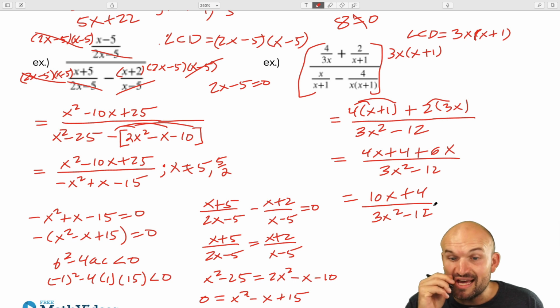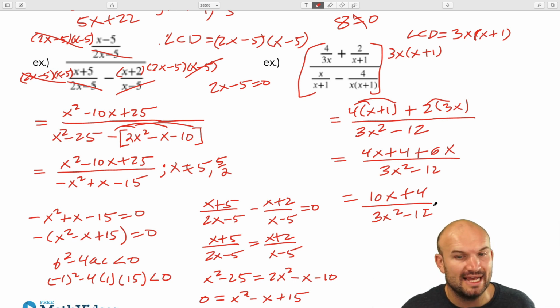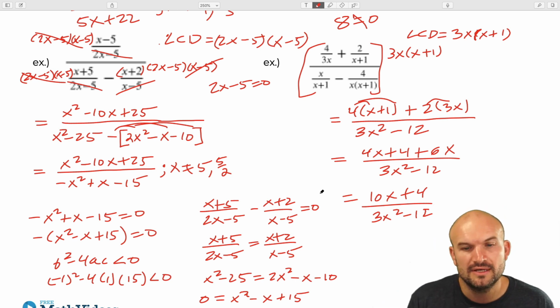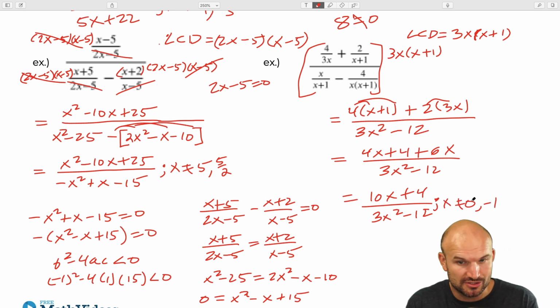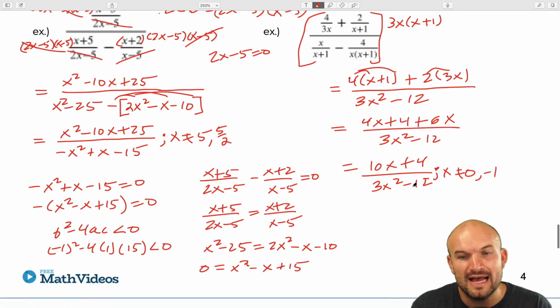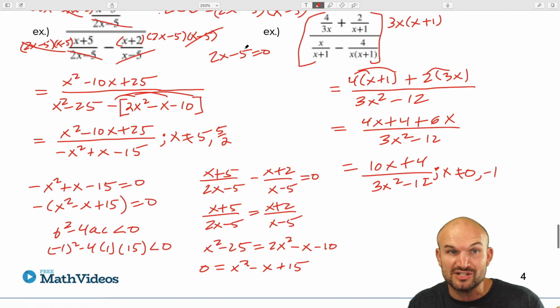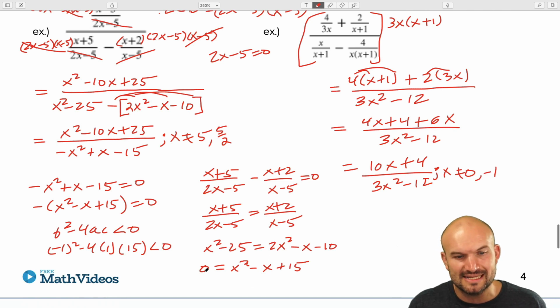Now again, let's go back and look at these two values. We know that x cannot equal 0 and x cannot equal negative 1, because those are two values that make your denominator equal 0. And if you notice, when we took this denominator and set it equal to 0, it gave us the exact same solution as our simplified product.